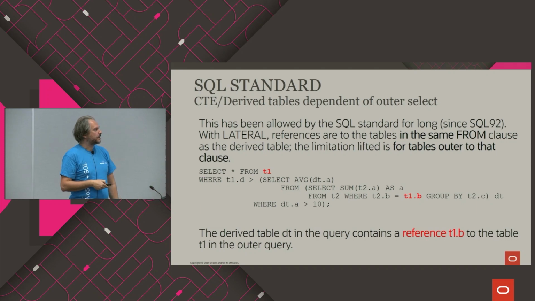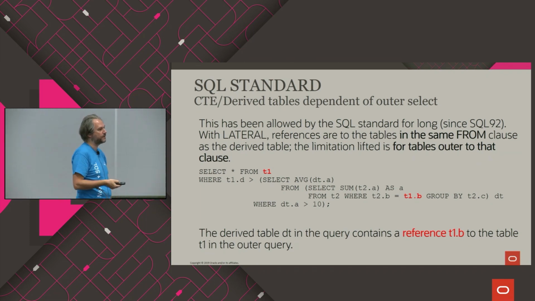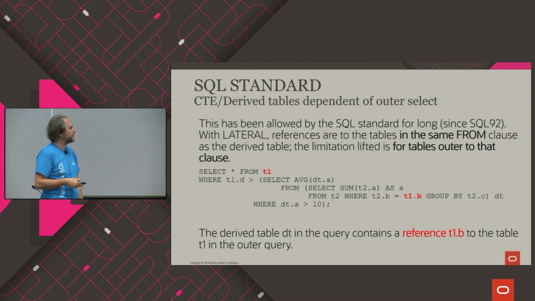All right, this is not so satisfying as lateral, possibly, but it's yet another limitation that we have removed, because this has been allowed by the standard since '92. So we were very old again on this.